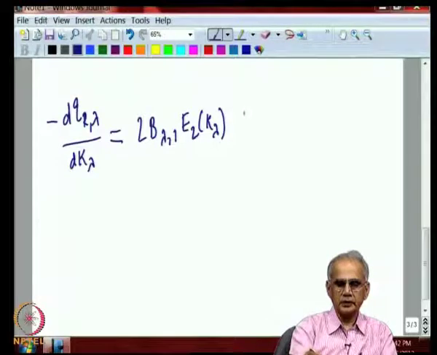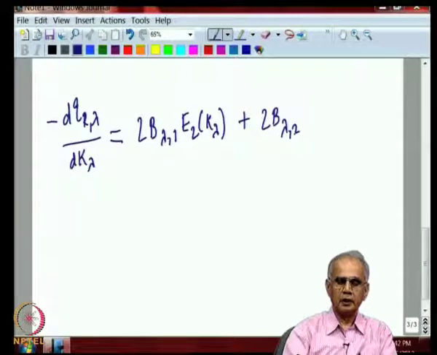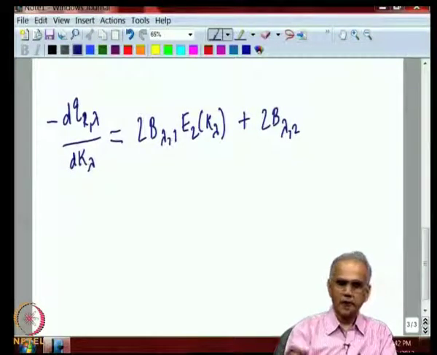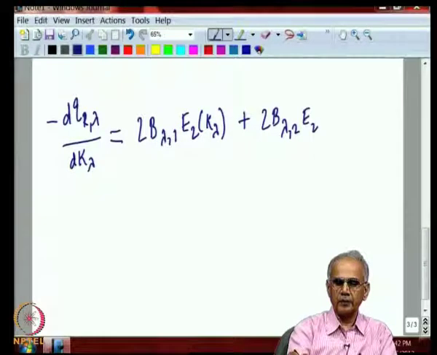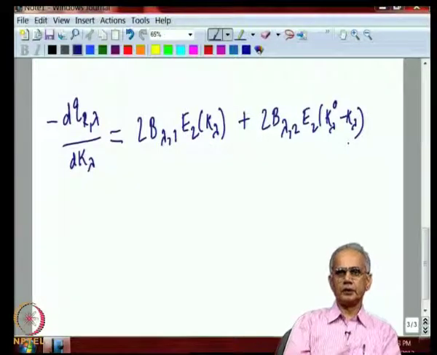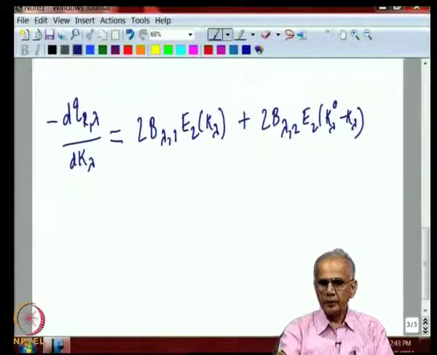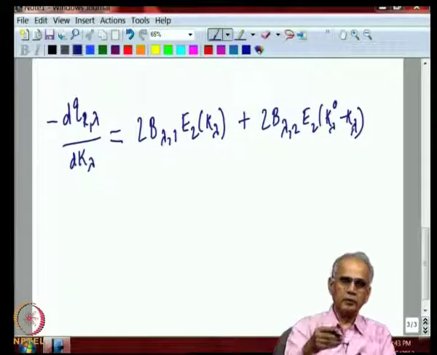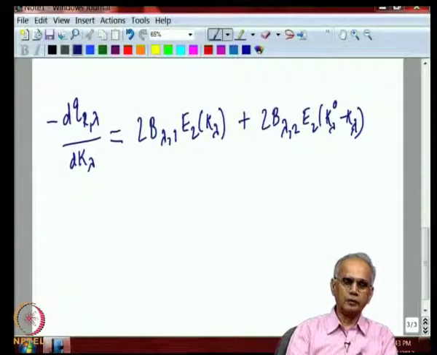The second term is energy leaving the top surface and reaching the level kappa lambda and being absorbed. These two terms represent the gain by the medium on account of absorption of solar radiation.